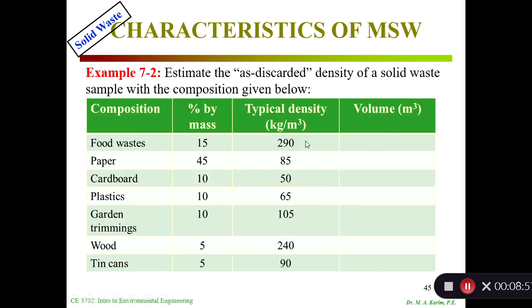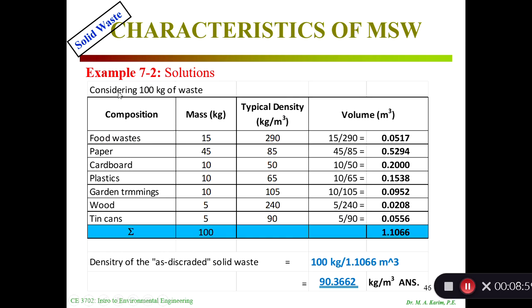So now we are going to solve it. Again, we consider 100 kg of the waste. The amounts of those components would be 15, 45, and so on. These are the typical densities from the previous table. Now we are getting the volume. If I know kg per meter cube and kg, this divided by this will give me the volume.